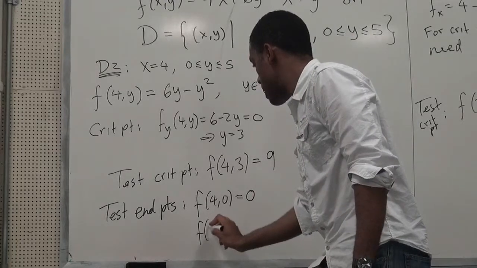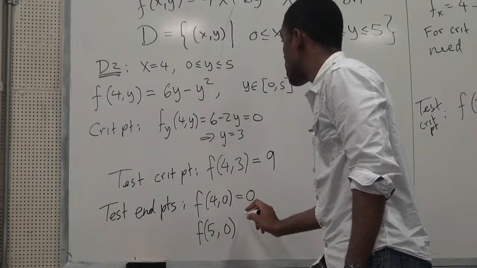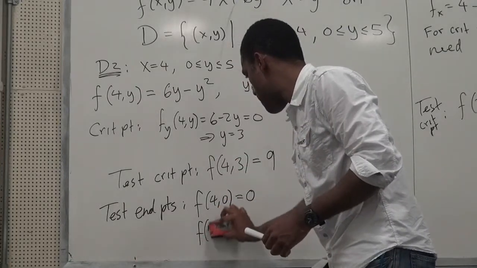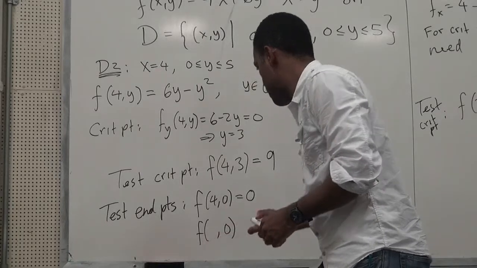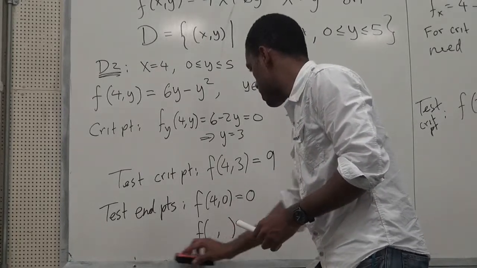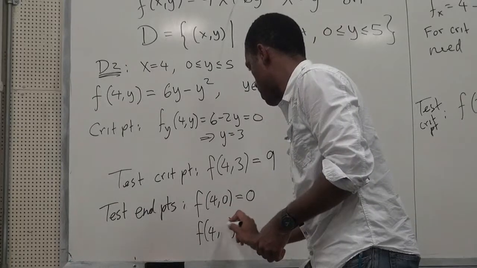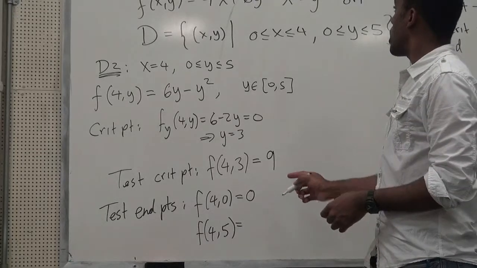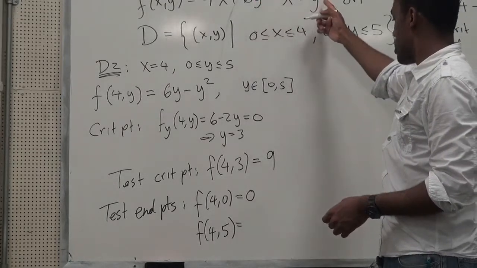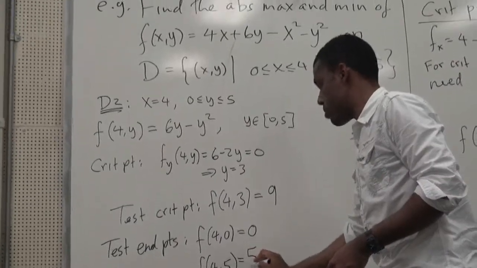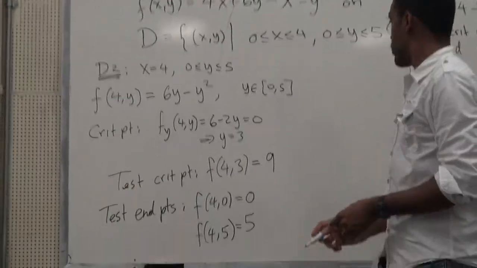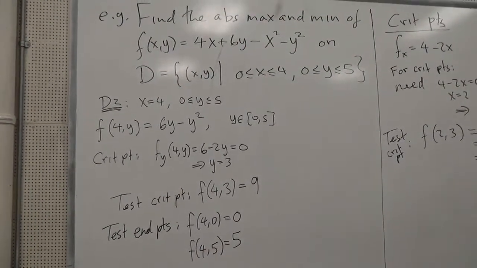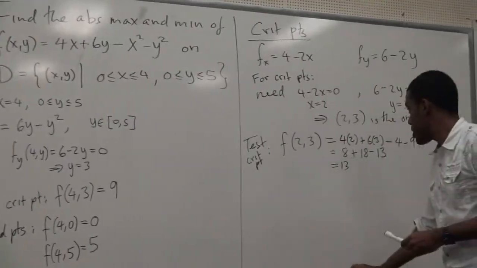And when y is 5, that's 4 comma 5, which is going to give us what? That's 6 times 5 is 30, minus 25, so it's 5. Someone remember this. Let me write it over here.